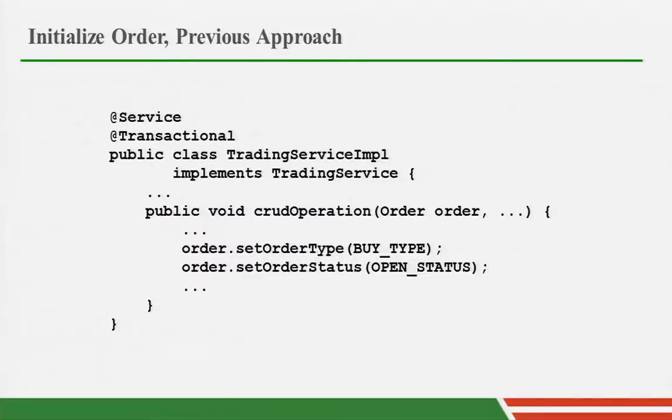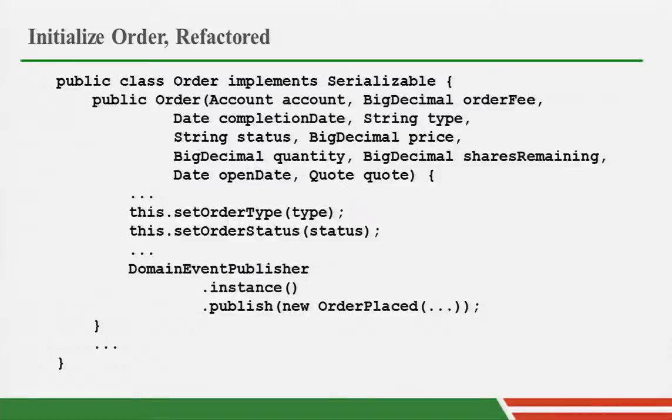That way, we could do away with this CRUD kind of approach in trading service and actually implement a constructor for order. And as you can see, after we construct, we can now publish an explicit domain event that we could not achieve if we were just setting properties, because we wouldn't know that an order was just placed by individually setting 10, 15 different properties. Okay, so the constructor allows us to do that.